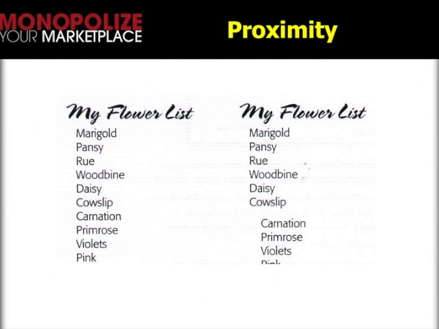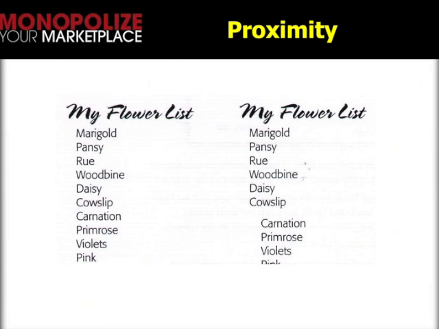So proximity is a principle that simply tells us that the eye will go to certain places on a page based on items' proximity to one another on that page. We've got the example on the screen of my flower list, and you see that on the left-hand side, the flower list has approximately 10 items, and the list on the right has the same 10 items, but we see that they are grouped into 6 and then 4.